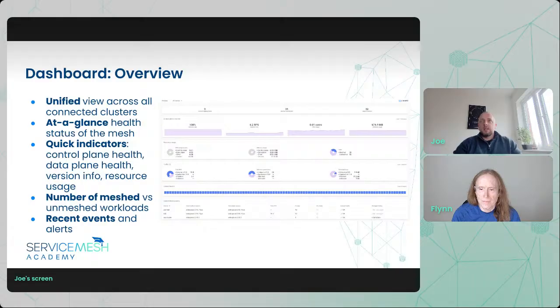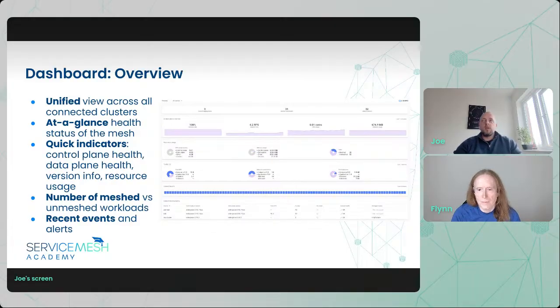There's at a glance health status of the mesh. We've got some quick indicators, so control plane health, data plane health, version information, resource usage. We've got some really high level data, such as the number of meshed versus unmeshed workloads. I'd say although that's very high level, it's a data point which is probably used more often than you would believe.